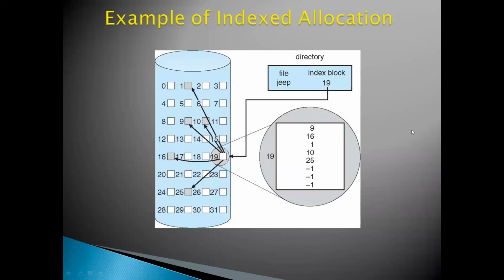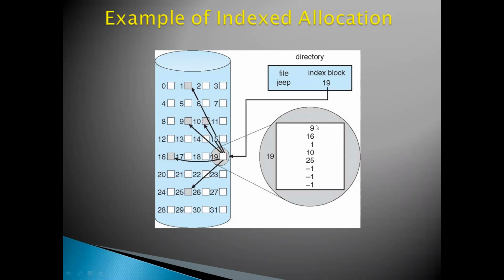So this shows an example of indexed allocation. You can see here that the directory entry just stores the address of the index block, and you can also identify that the index block is also maintained on the disk. One block on the disk is reserved for the index block, and this index block is just going to store the list of all the pointers for the file.